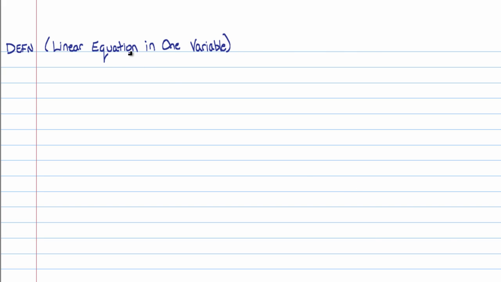Now we're about to embark upon some examples here. Before we do, we want to get very specific. There's a lot of different kinds of equations out there. I mean, tons of different kinds of equations. In fact, I could just write a few down here. So examples, these are all going to be equations. You've seen some examples I've written down before, like 3x plus 1 is equal to 7.